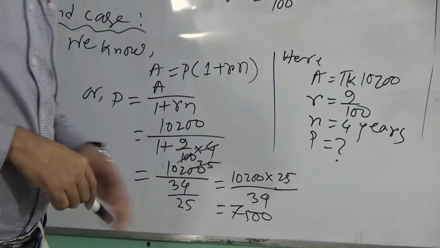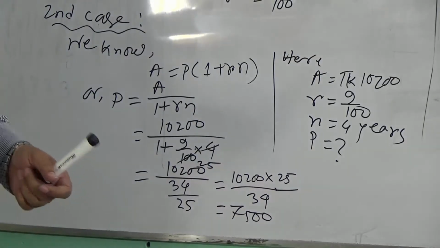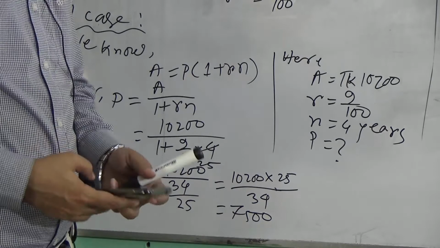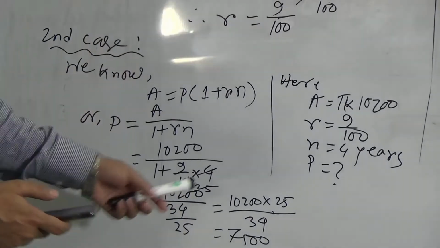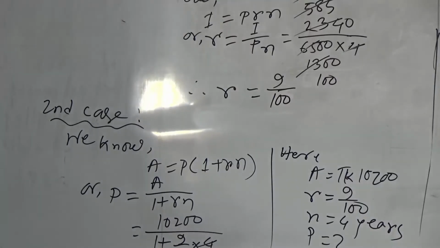You can use a simple calculator to do the calculation. You have to multiply 10200 by 25 and then divide the product by 34.